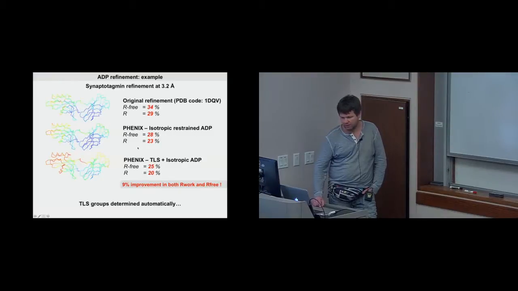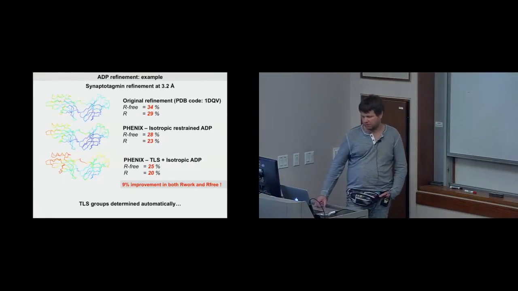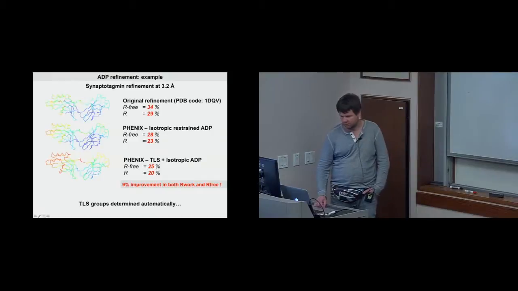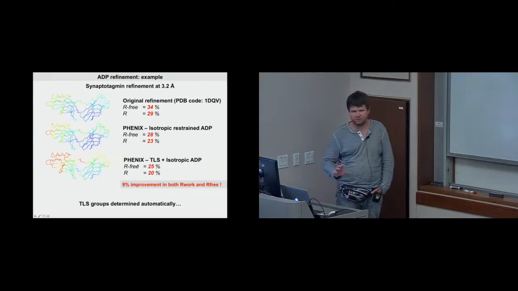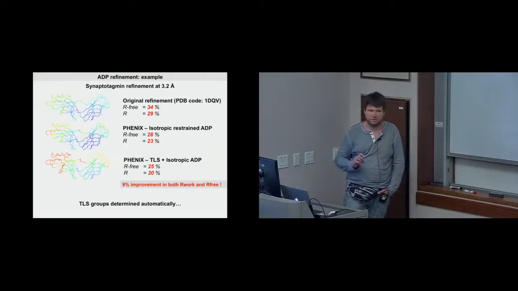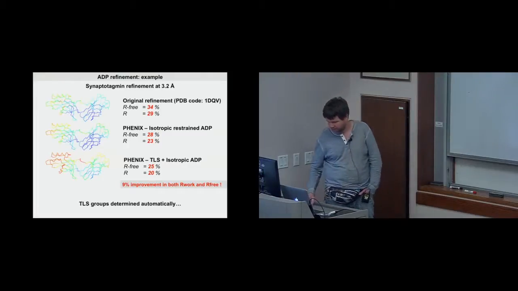But if we apply this hierarchical combination of parameters on atomic displacement parameters, we can reduce R factors by pretty much 9% essentially. So this really matters. And that's not a unique example. You can find many examples that would behave like this in PDB.